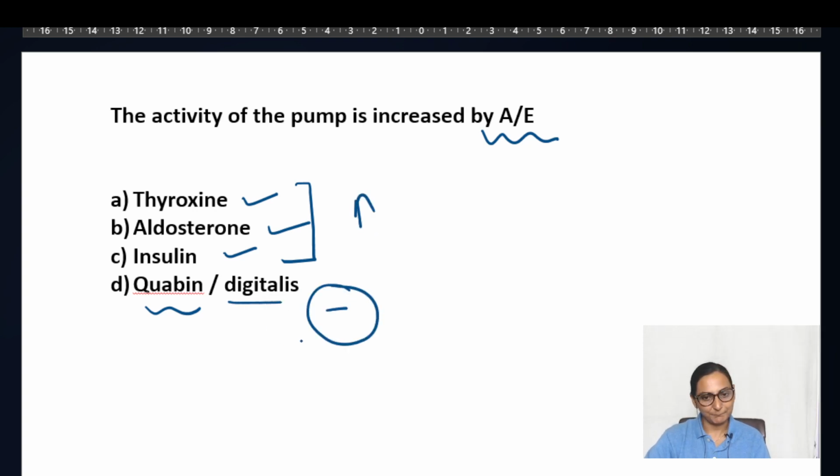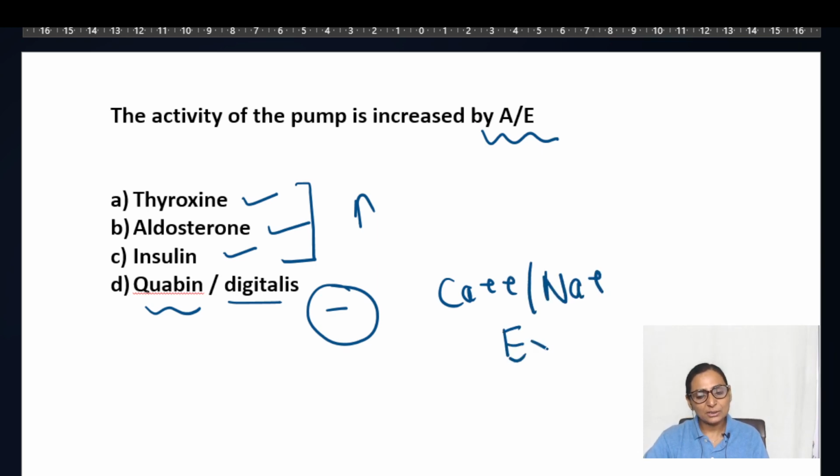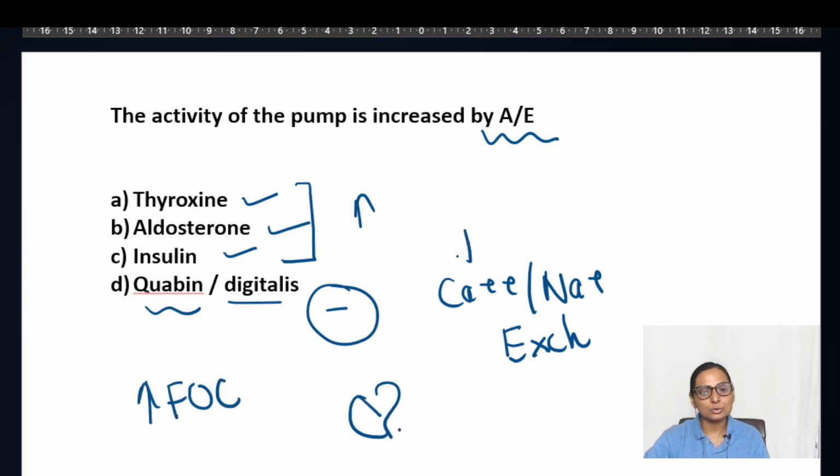Digitalis inhibits the pump, and by inhibiting this pump, you will understand how the sodium potassium pump is linked to the calcium sodium exchanger which is present in the heart muscles, and how it increases the force of contraction by accumulating calcium. So digitalis inhibits this pump.